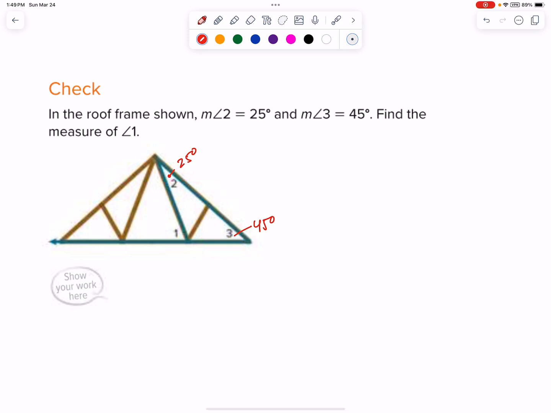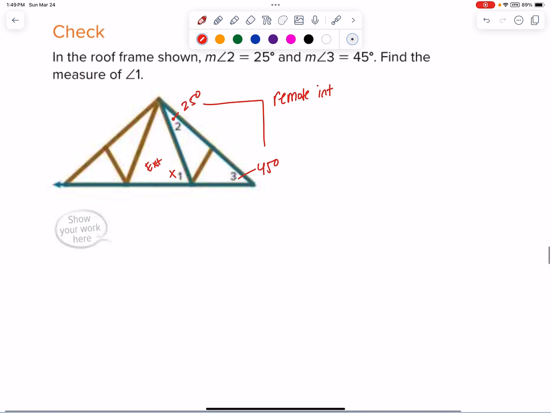Okay, well, we see that the measure of 1, let's call that our variable, is the exterior angle. And we ask ourselves, are 2 and 3 the remote interiors? Yes, they are. They are the remote interior angles. And what do we know about them? Well, we know that the exterior is equal to the sum of the remote interiors.